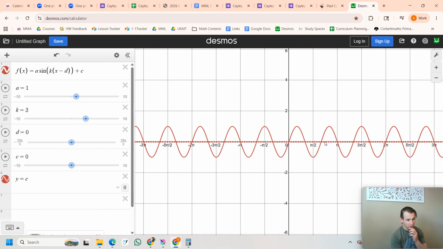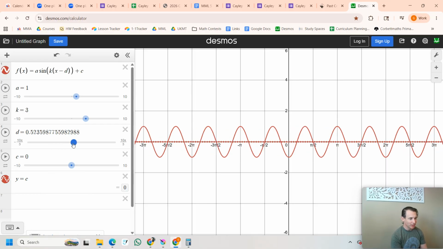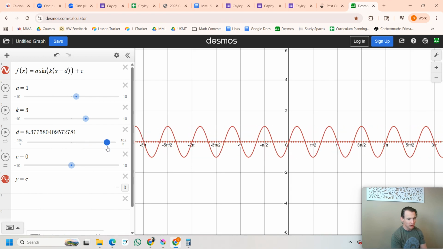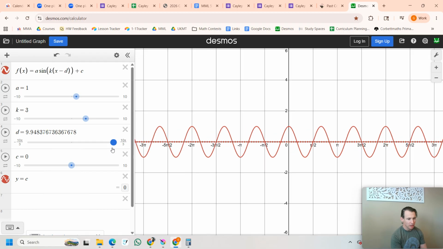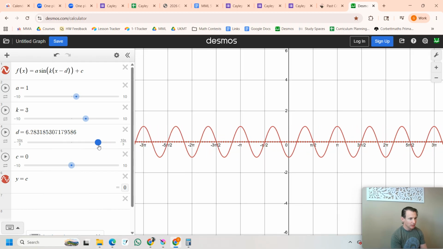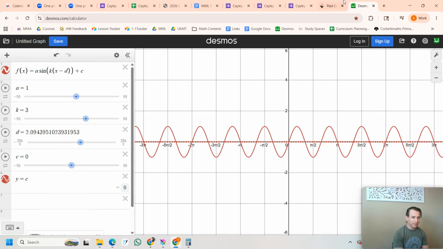So there you have the full period happens by 2 pi divided by 3. Look at that, 2 pi divided by 3. K is 3. There's our little mini formula, right? And then I have d as something I can shift around here. So notice that that just changes the starting position. Yeah. Cool. All right, so that is our handy dandy visualization.